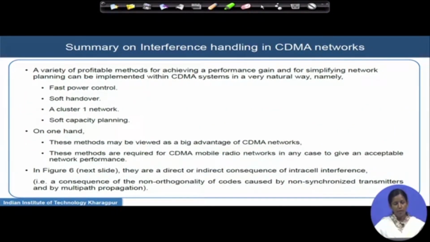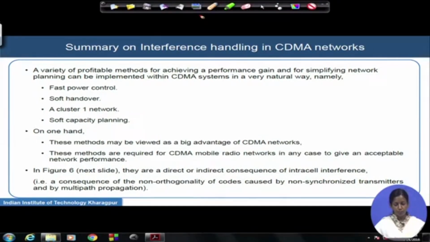Now, we are ready to sum up all the interference handling mechanisms that are utilized in the CDMA network. We have discussed each of them a lot. Number one is the fast power control mechanism, then soft handover. We utilize the cluster 1 network where a single frequency is there, and soft capacity planning is there.